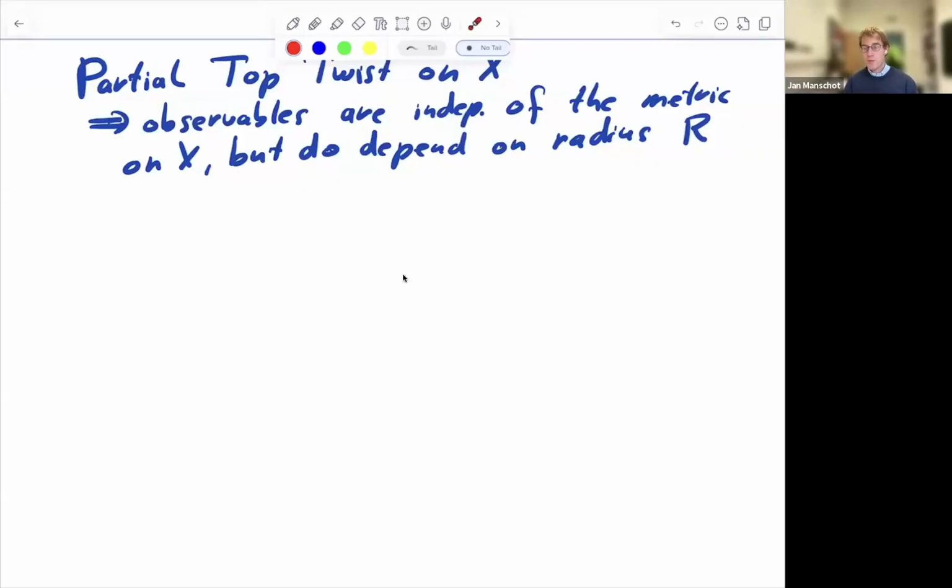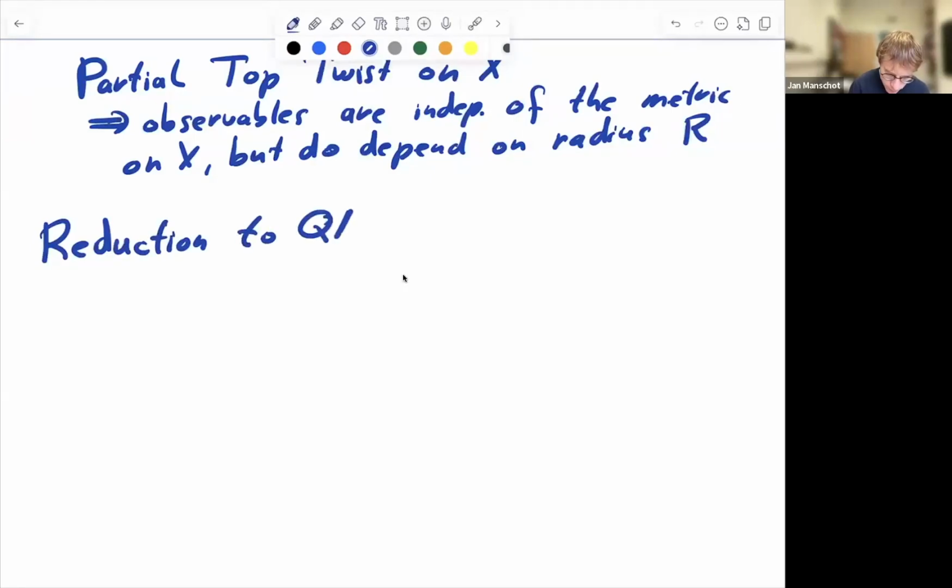Okay, now we can do pretty much two things. We can either compactify on S1, make S1 very small and get a theory on X, or we can make X very small and consider a theory on S1. First, I'll comment a bit on the second option, and then continue with the first. So the second option, if we get a theory on S1, we get collective coordinates.